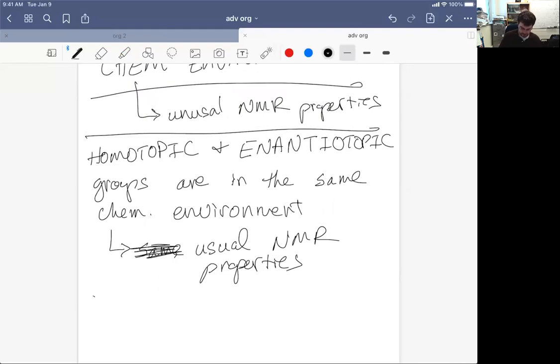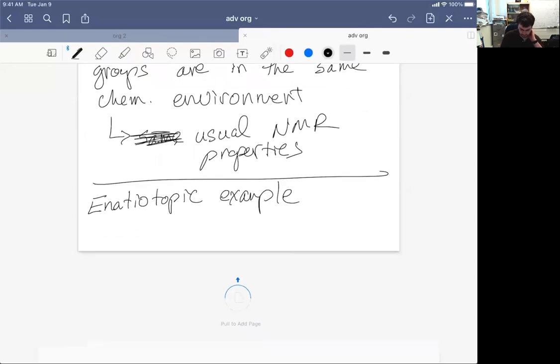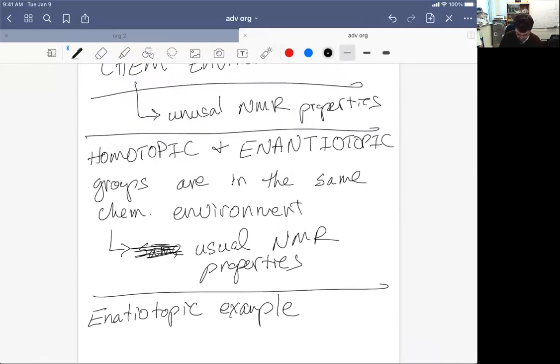Okay, what I want to do is just talk about an enantiotopic example. With an enantiotopic example, what we have is actually our first example where I don't have the NH2 drawn, and I said, what about these two groups here?